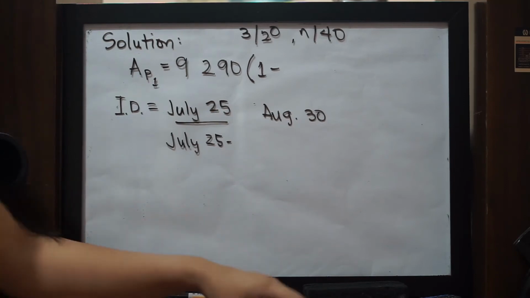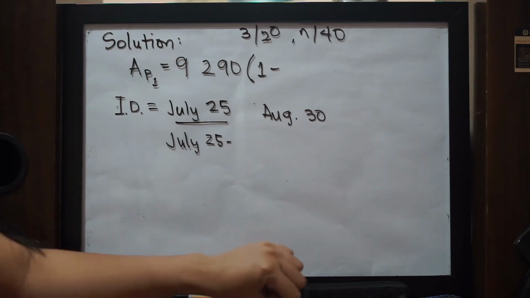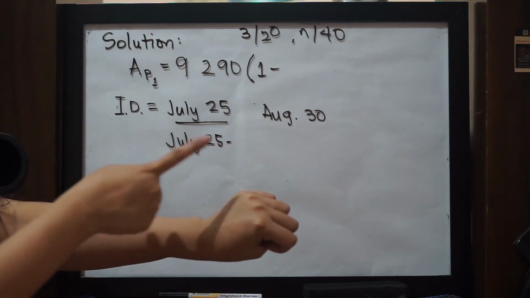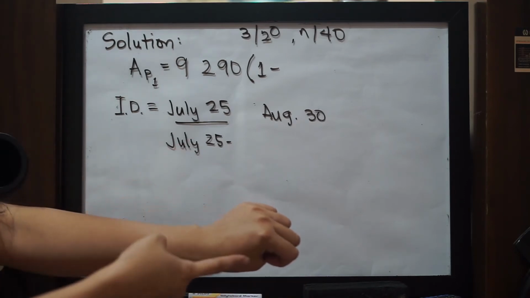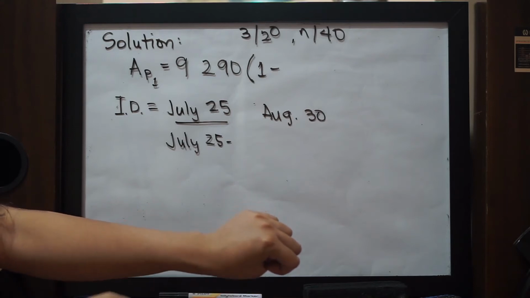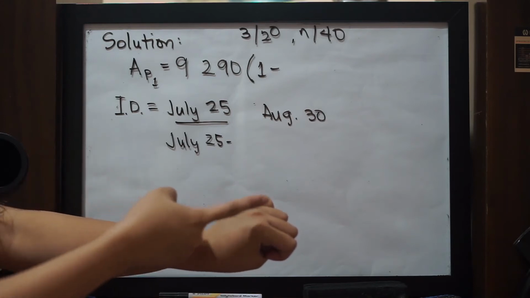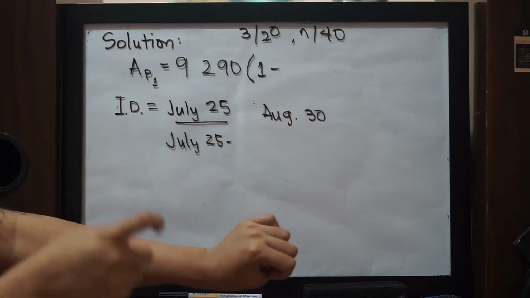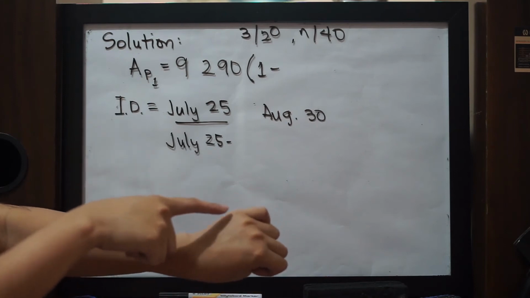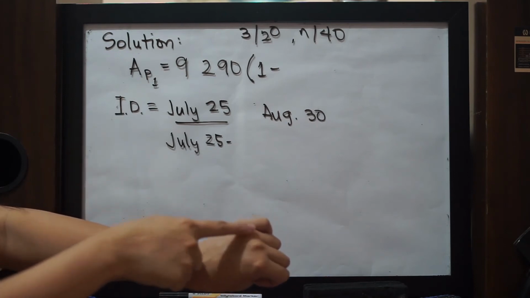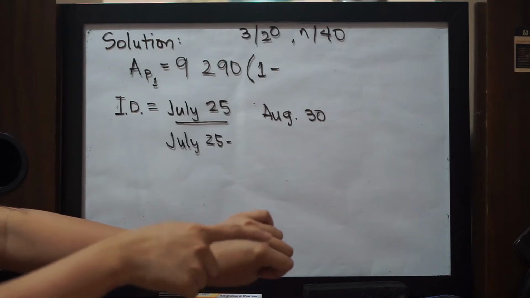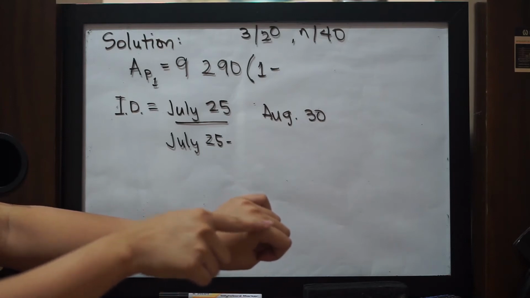kung hindi aware kung may 31 ba yung July or wala, or hindi kabisado, you can use the knuckle months, wherein yung mga months na mapapatapat sa knuckles has a 31, tapos yung mga months between knuckles ay 30 lang. So, for July, we have January, February, March, April, May, June, July. Nandito siya sa knuckles.